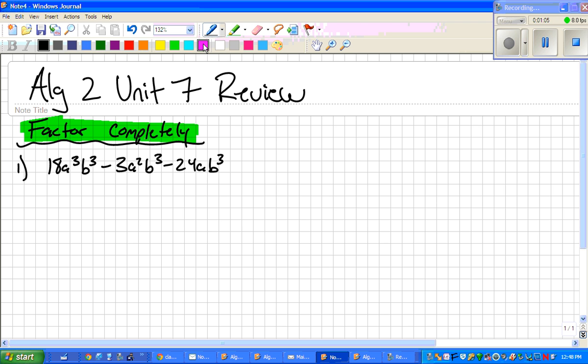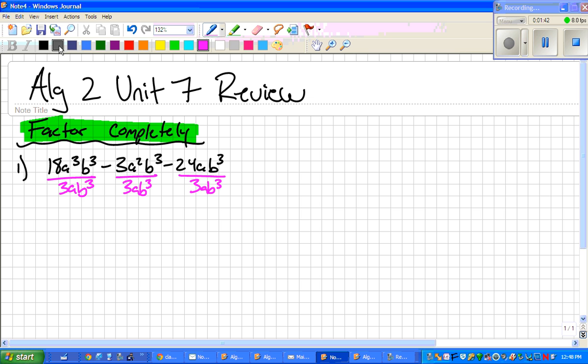Okay, so what number goes into all three of those? Remember, it's almost always going to be the smallest. Okay, so the GCF is 3. And now we look at the A's. It's the lowest A, so it's just going to be A to the first, and then all of them have a B cubed.